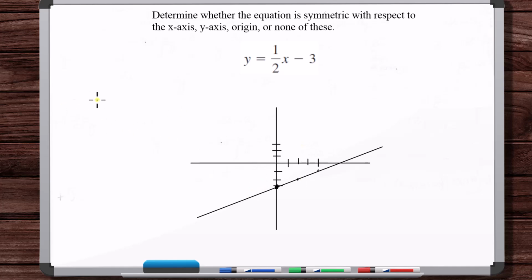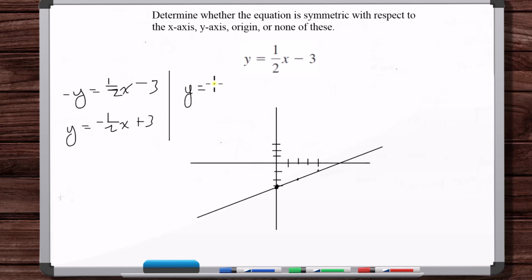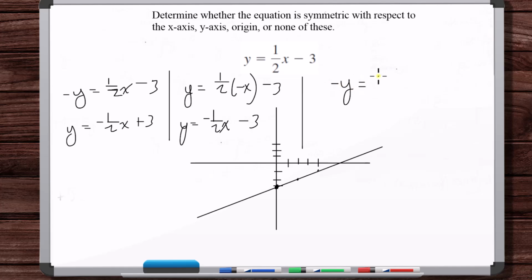Okay, so let's check symmetry about the x-axis. No. Symmetry about the y-axis. No. Or symmetry about the origin.